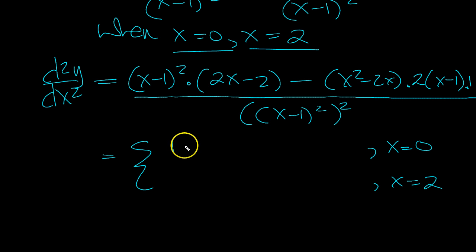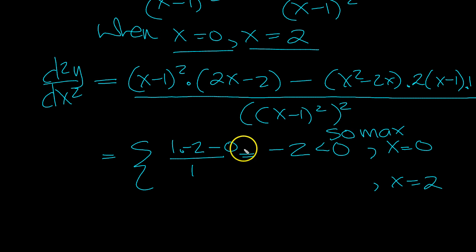This will be minus 2 minus, put x equals 0 in, that is 0, so there's nothing there. 0 lots of something, still 0, over minus 1 squared is 1, and square it again is still 1. So that's equal to minus 2, isn't it? Which is less than 0. So it's a max.